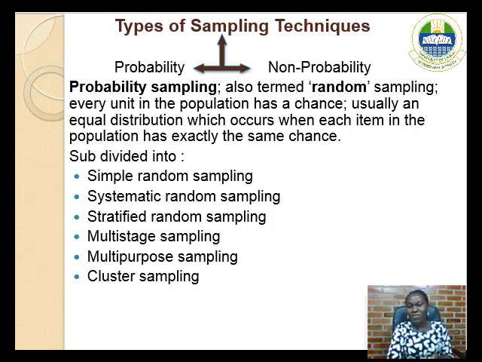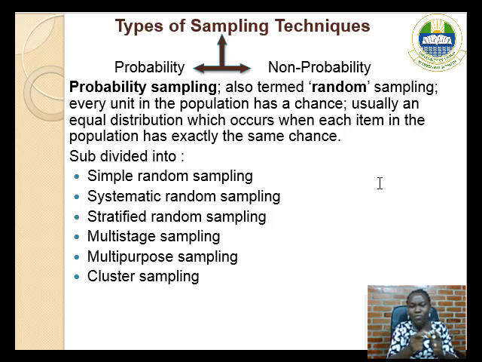We have the probability and we have the non-probability. Probability sampling can be called random sampling, and this is when every unit in the population has a chance, usually an equal chance, which occurs when each item in the population has exactly the same chance.